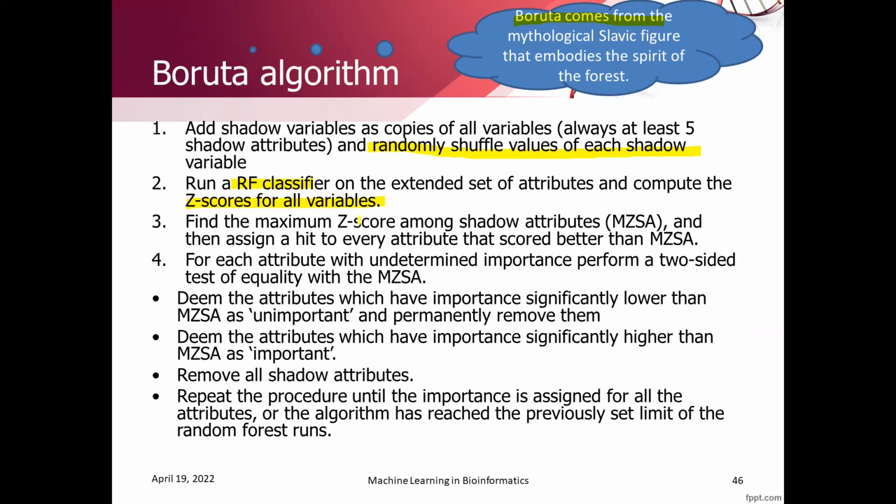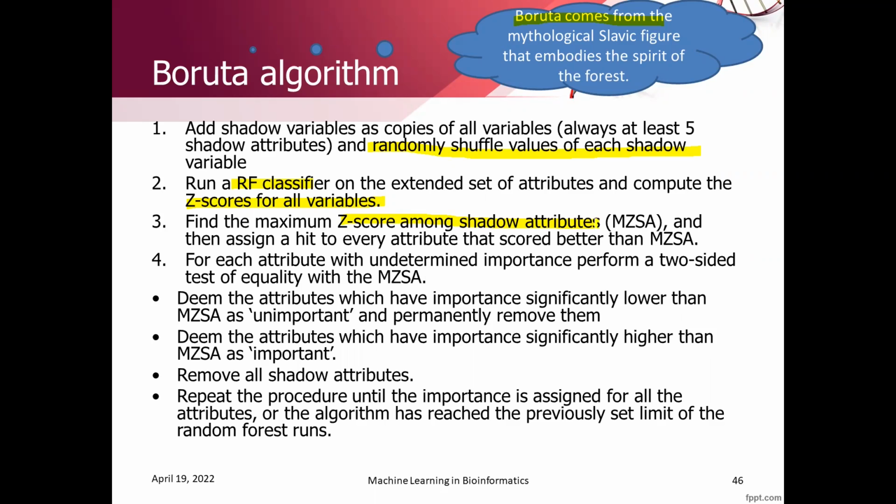Then we find the maximum z-score among shadow attributes. The z-score should compare the decrease of Gini or decrease of accuracy, and we compute the maximum z-score. What does it mean?